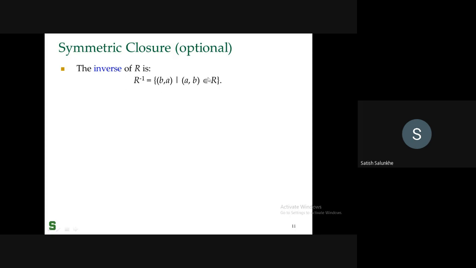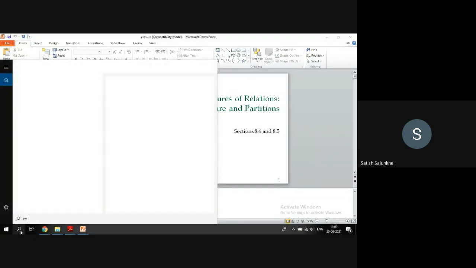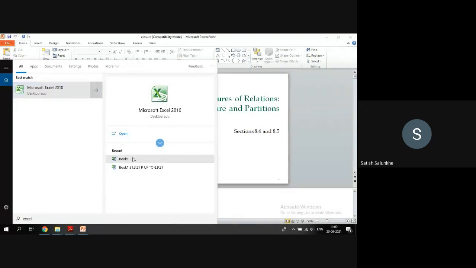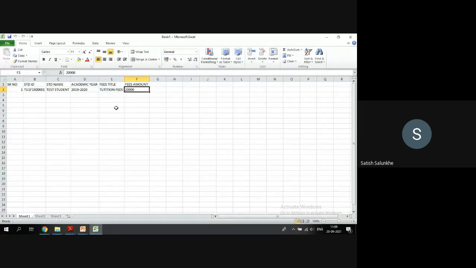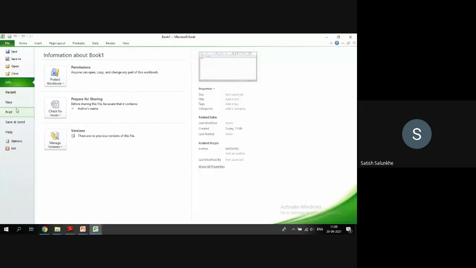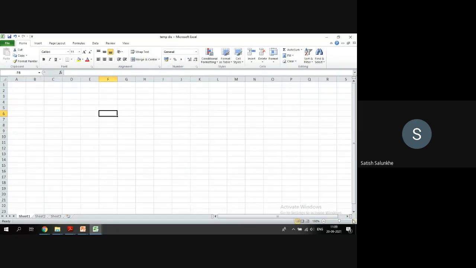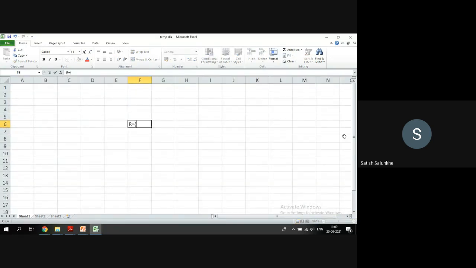Okay. So, for example, if you are having a relation R, let us say your relation R is containing elements something like this: 1 comma 2, 2 comma 3, 6 comma 1, 8 comma 9, and something like that.